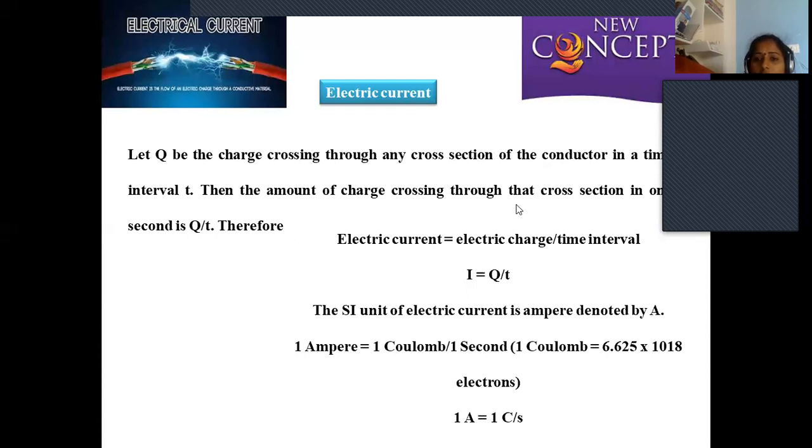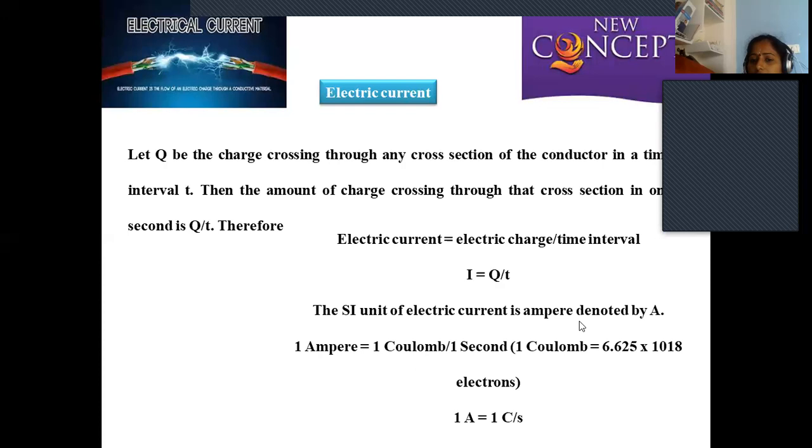Then Q by t is the ratio of the charge crossing the cross-sectional area. So electrical current is defined as electrical charge divided by the time required for that passage. Electrical current is denoted with I is equal to Q by t. Q denotes electrical charge, and the time interval is denoted by small t, right?